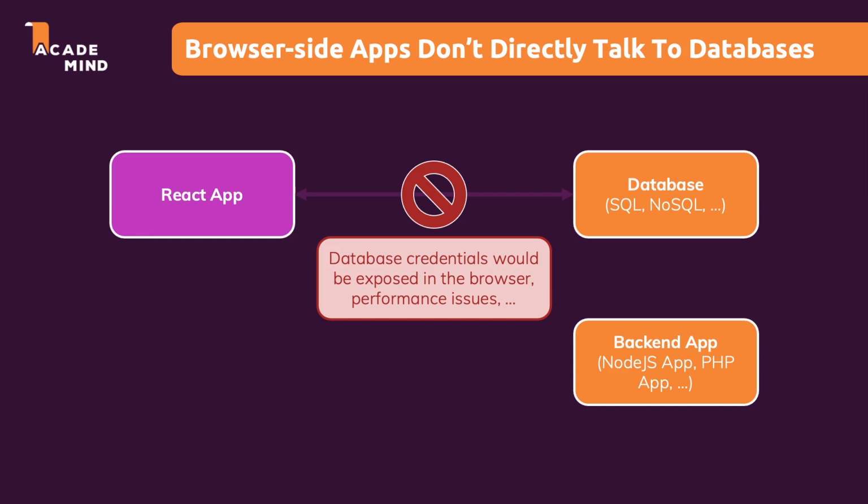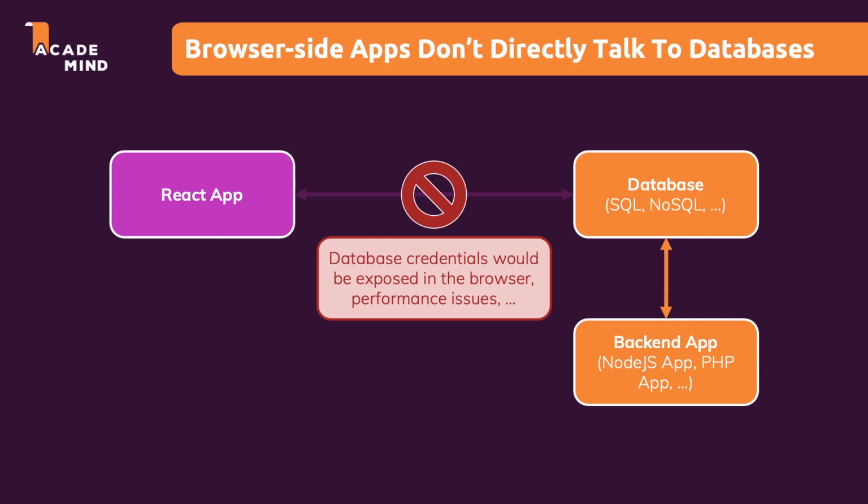Node.js, PHP, ASP.NET, everything is possible. And it's this backend application which will do the talking to the database. Because you can safely store and use database credentials on the backend application, since that backend code can't be viewed by your users. It's on a different server and the users of your website will never see that code.